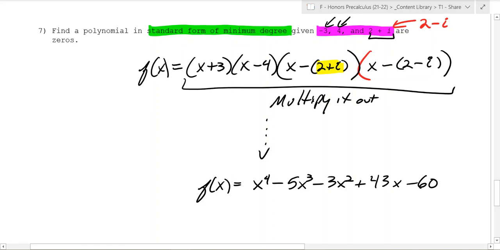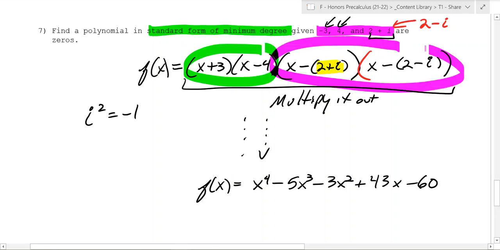You'll notice that there's no i's in it. Remember, i squared is equal to -1, and all the other i's are going to cancel out. So multiply it out carefully. For example, multiply out these two first, maybe multiply these out separately, and then multiply it. But this is FOIL. Be very, very careful.